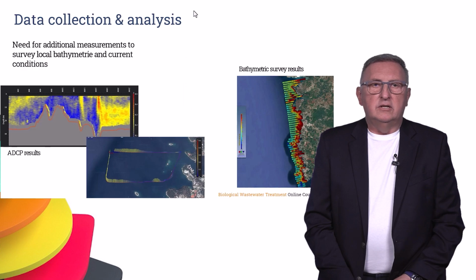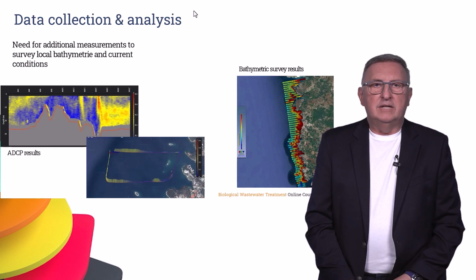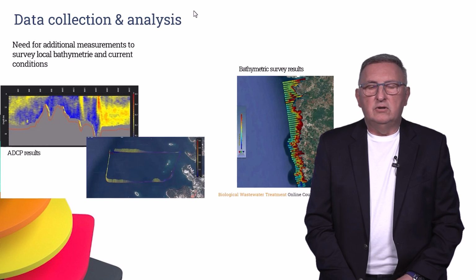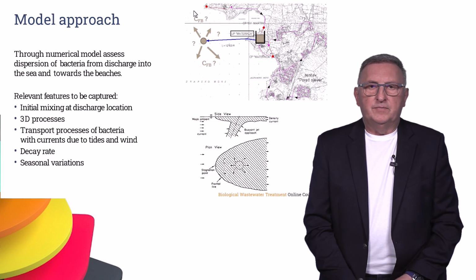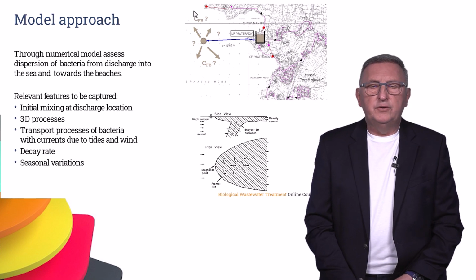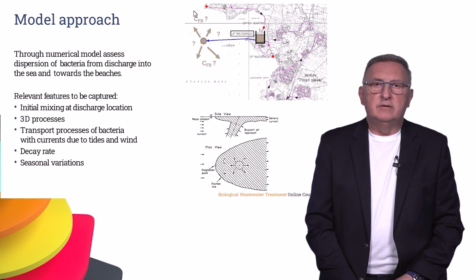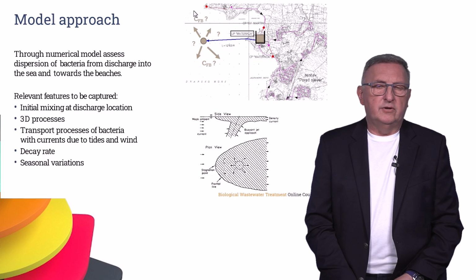We collected lots of data about bathymetric and current conditions, and we sorted them in a way that can be used by our modelers. We used a 3D modeling approach, and we looked into plume formation from the discharge from the offshore pipes.